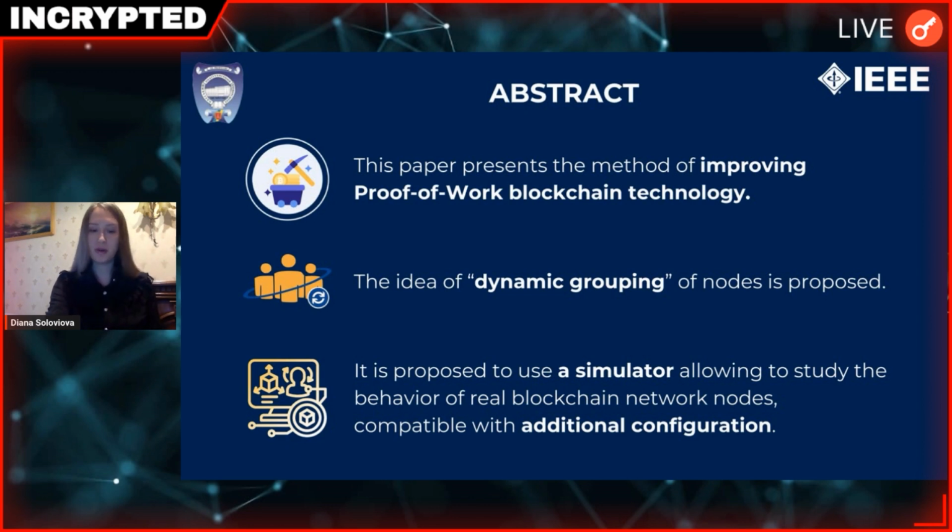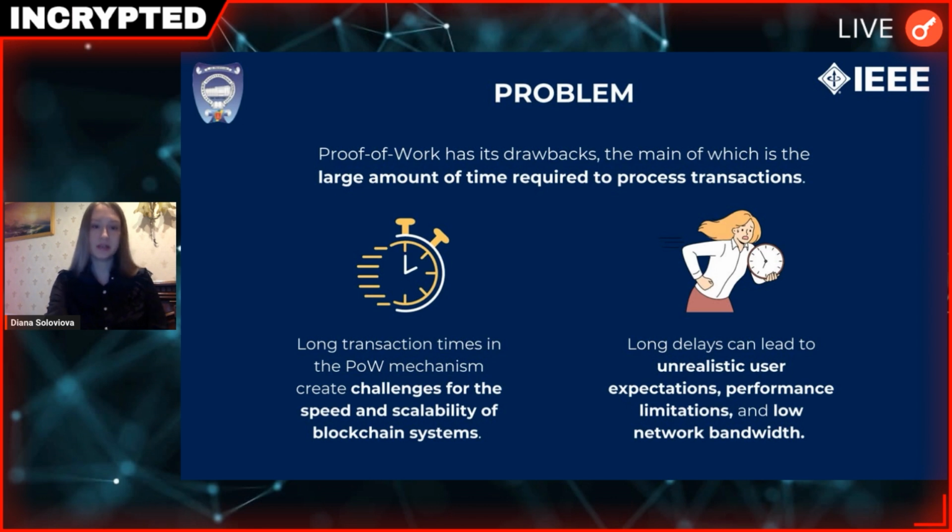To solve the problem of optimizing proof of work blockchain technology, the idea of dynamic grouping of nodes is proposed. It is proposed to use a simulator allowing to study the behavior of real blockchain network nodes compatible with additional configuration in order to realize the dynamic grouping idea and to test hypotheses designed to minimize time spent on transactions in the system.